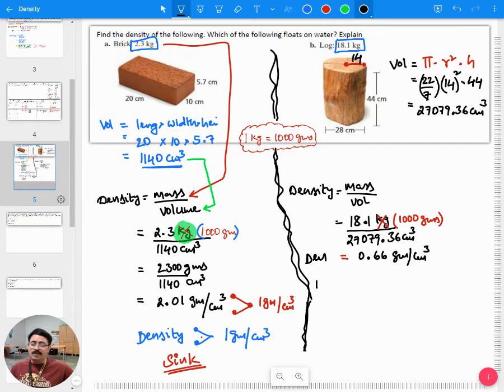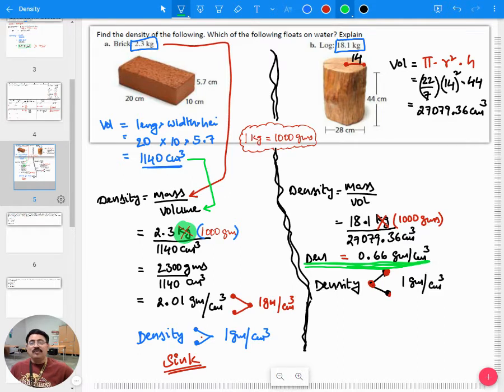Friends, please notice that the density of this one is less than 1 gram per cubic centimeter. Whatever density I got for the log of wood, which is 0.66, is less than 1.